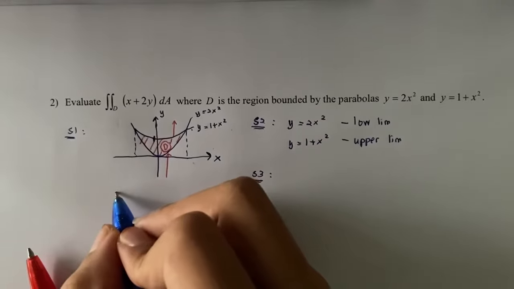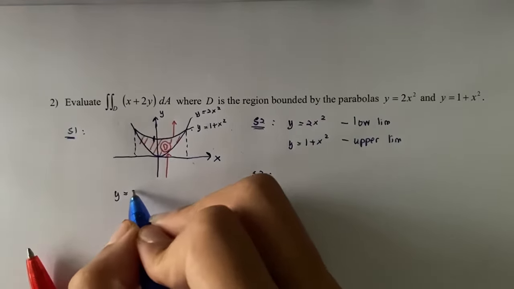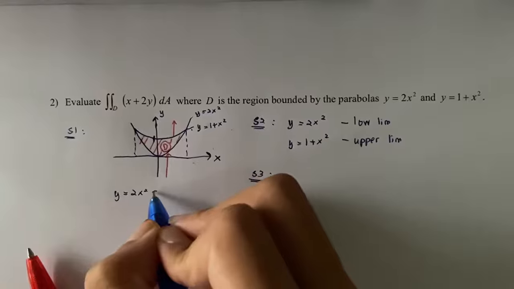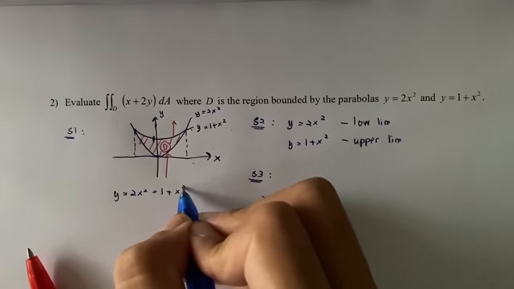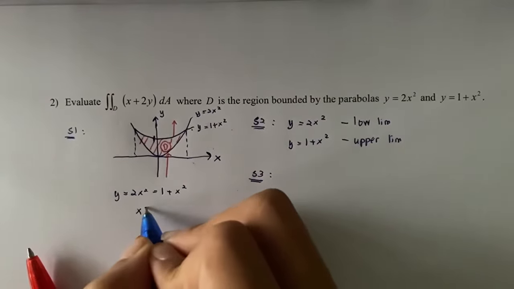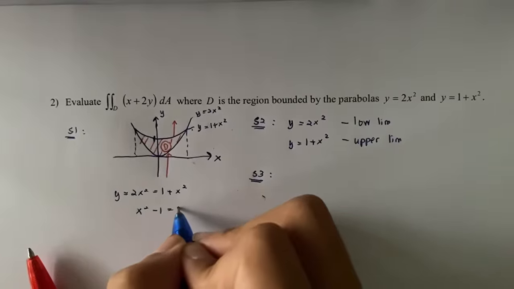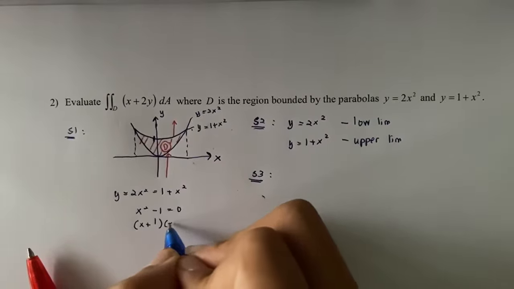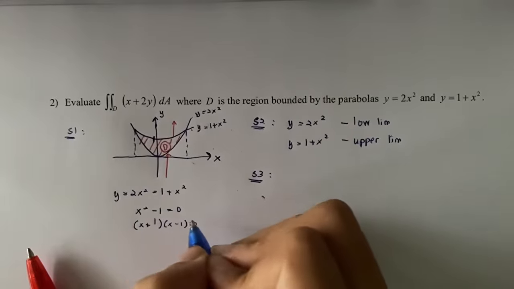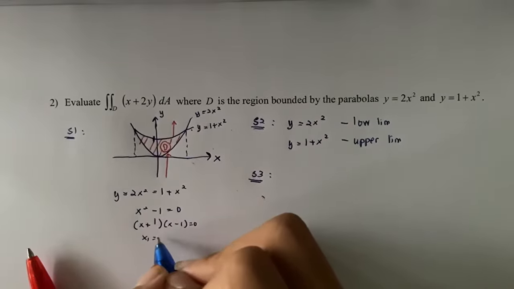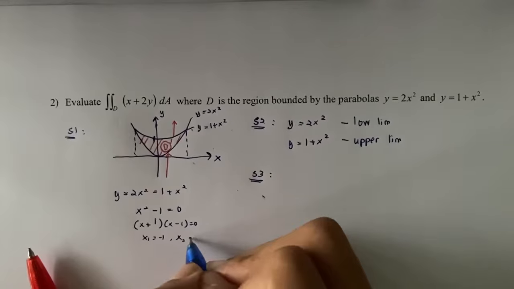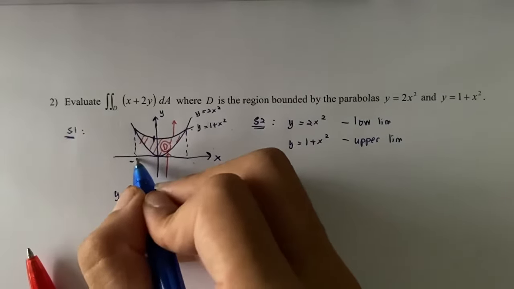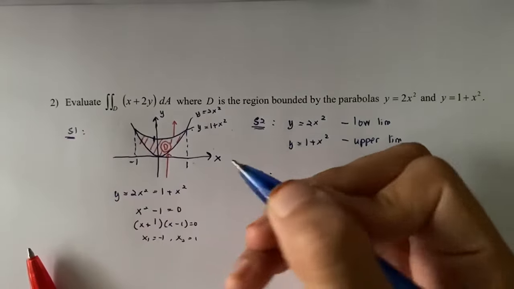So you have y equal to 2x square equal to 1 plus x square. So you have x square minus 1 equal to 0. So (x plus 1)(x minus 1) equal to 0. So you have x1 equal to negative 1, x2 equal to 1. Meaning that you have negative 1 here and 1 here.